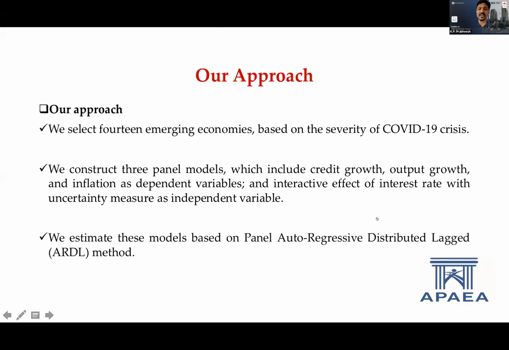Then we extend this model by including an interaction variable, the interest rate multiplied by VIX, that is the uncertainty. So beta 4 will tell you how effective monetary policy is in the presence of uncertainty.